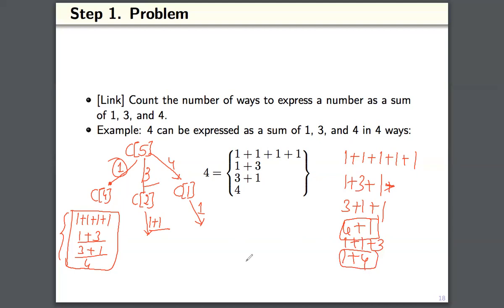Make sense? We don't need to permute these. What this means is that this subproblem considers all cases where the ending value is 1, this one all cases where the ending value is 3, and this one all cases where the ending value is 4.